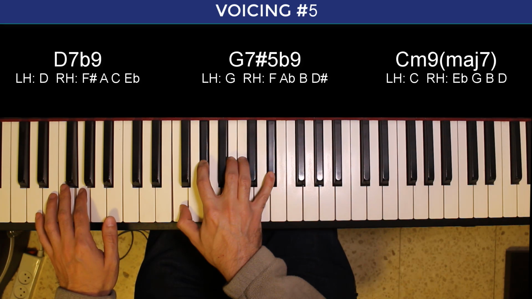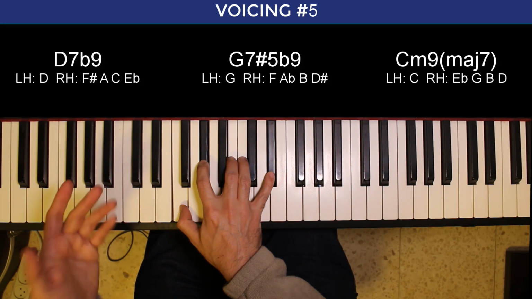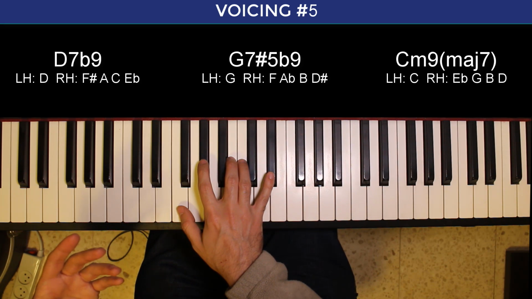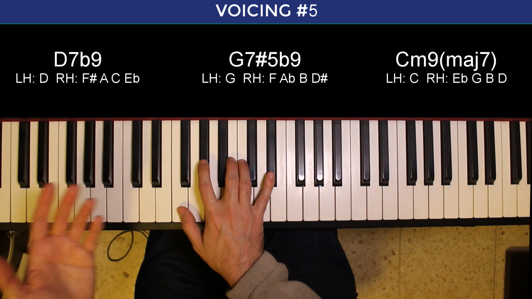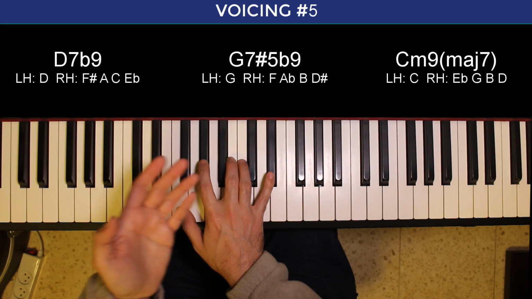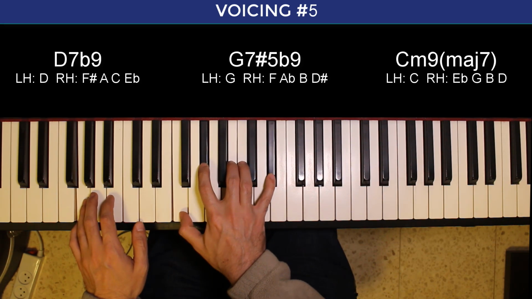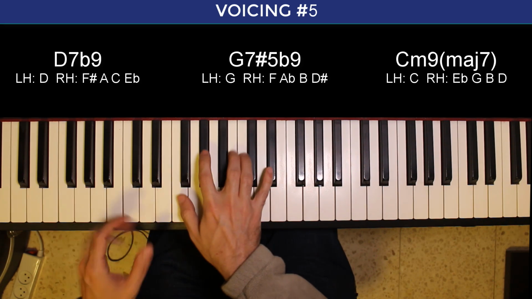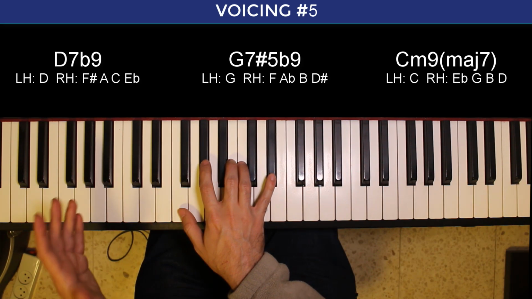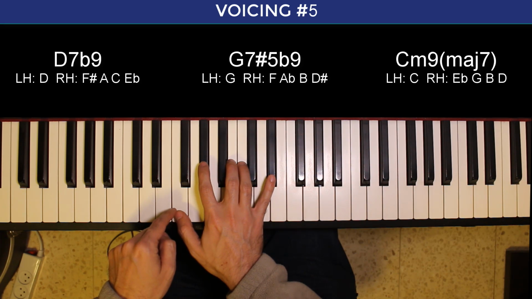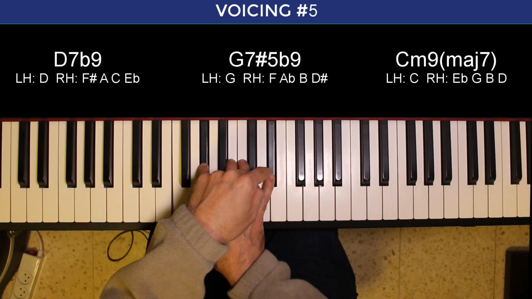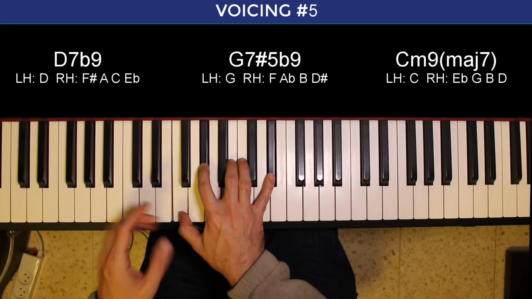And this can be thought of in a few different ways, but this is a G flat 9, could be augmented 5. So for the G, I'm playing a G in the left hand, and then F, A flat, B, and let's say D sharp in the right hand.